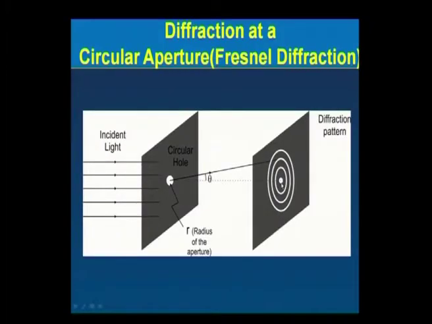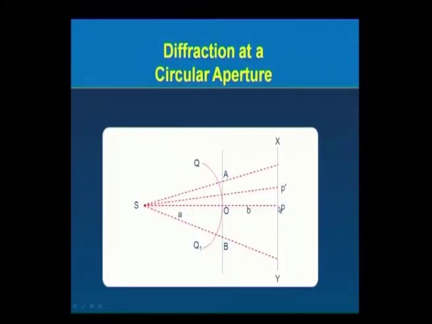You know the intensity at different points will be different, right? Here you have a bright dot, then you have a darker region. Therefore, we will find the intensity at a point P, then we will try to find the intensity at a point P prime and so on. Therefore, on the screen the intensity will not be uniform.